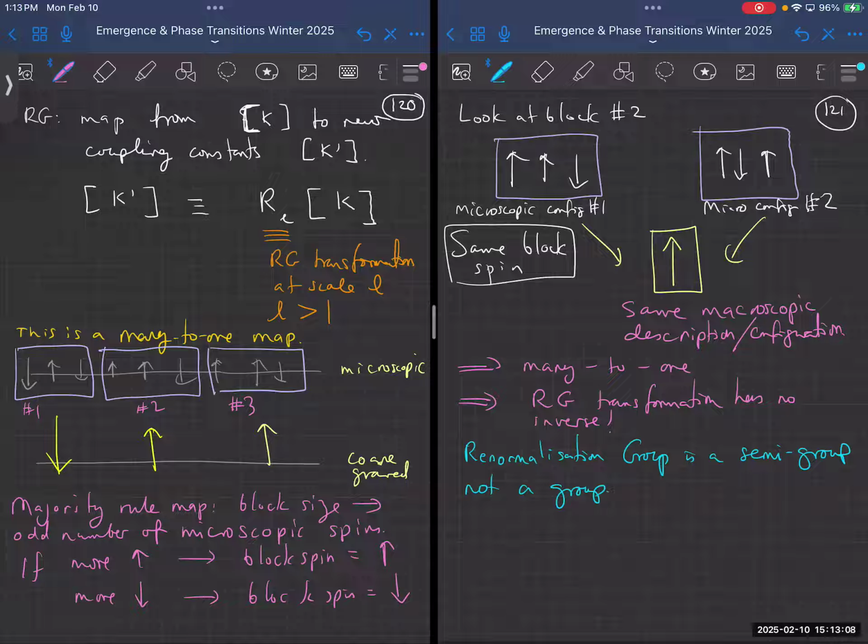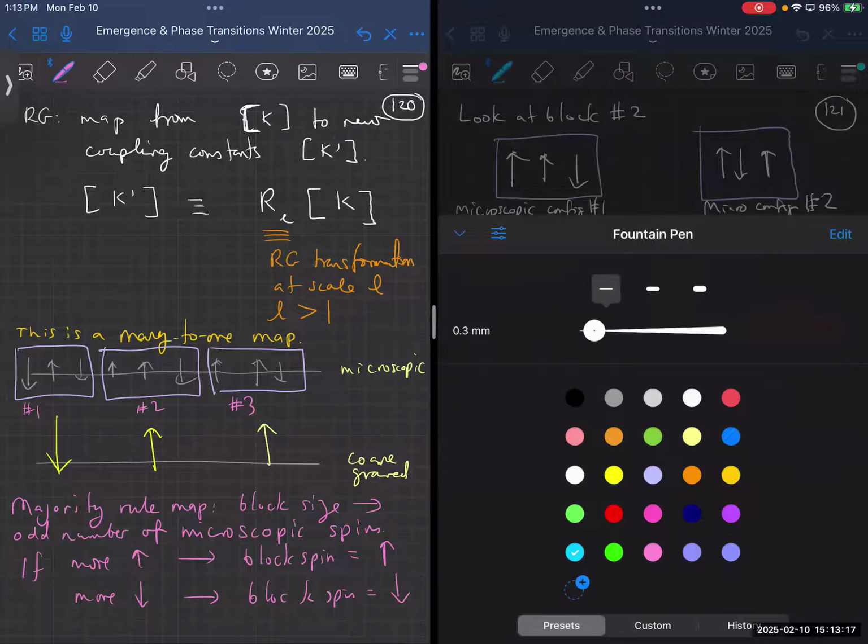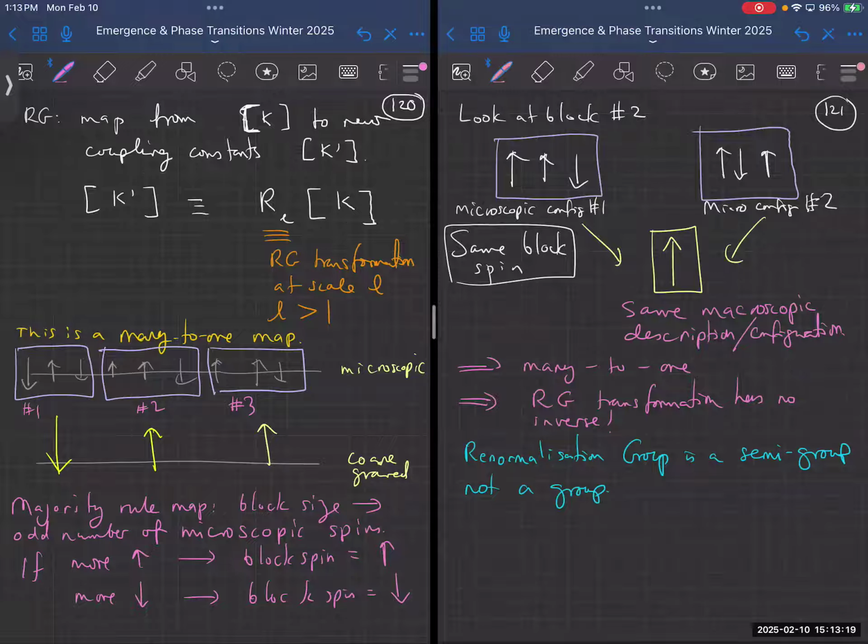Okay, so let's then see what this means. Let's now imagine that we were to do the following experiment. We're going to look at the combined effects of 2 renormalization group transformations.